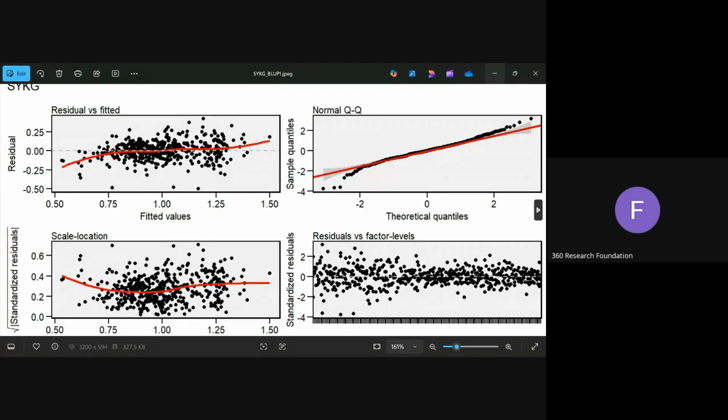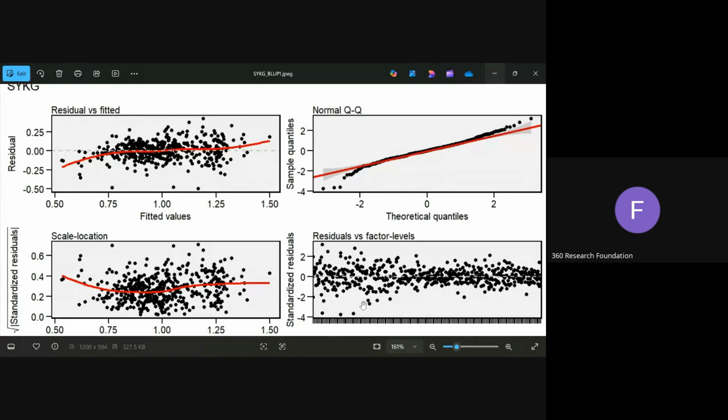Now why are we going for this residual versus factor level plot? Here we need to check whether the errors or residuals are spread across all the factors.